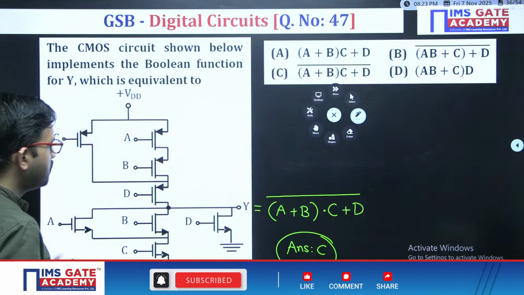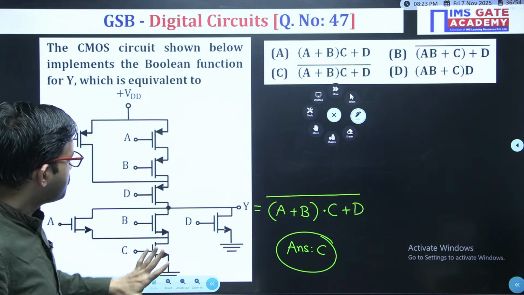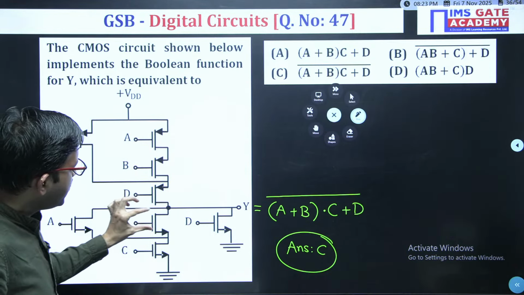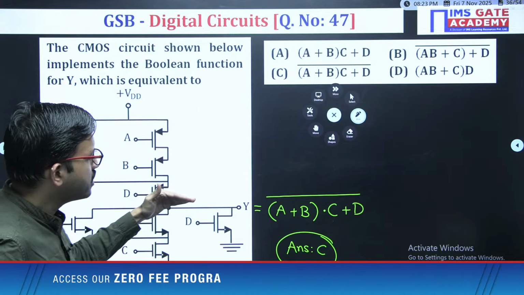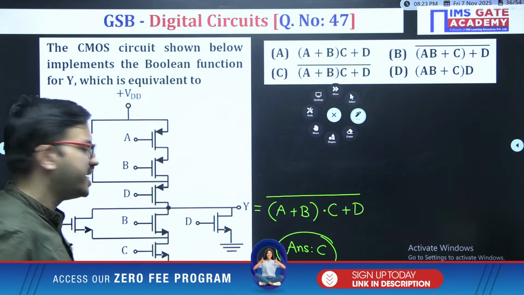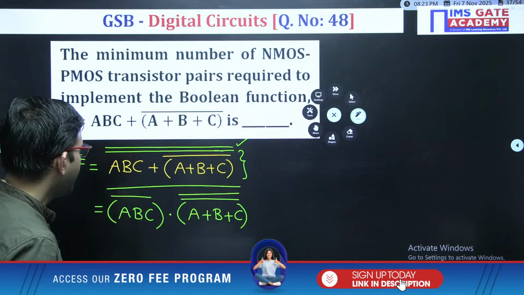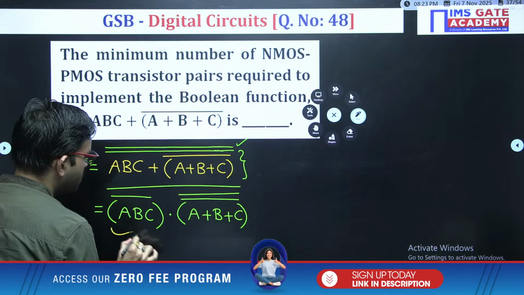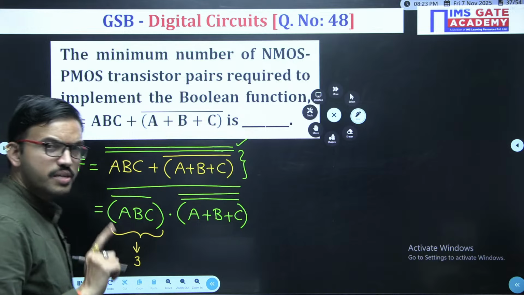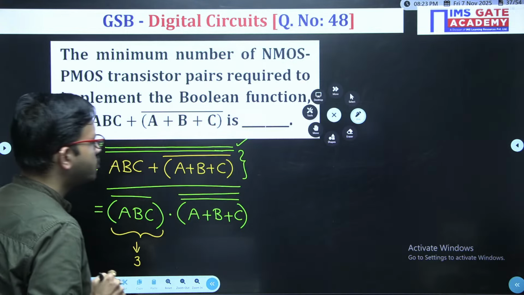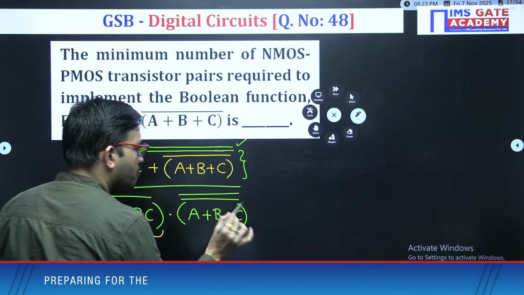For example, you can connect 3 NMOS transistors in series here. Then the output expression you get is ABC whole bar. With that understanding, regarding ABC whole bar, we require 3 NMOS, which means 3 PMOS. There is no doubt. Now, just observe.